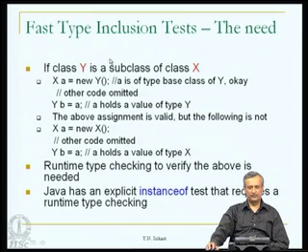Now, we look at some simple optimizations which are required in implementing object oriented languages. First one is that the type inclusion test must be made very fast. Let us see why.